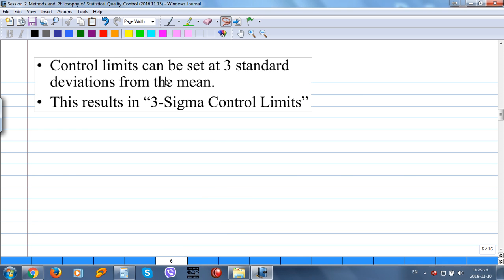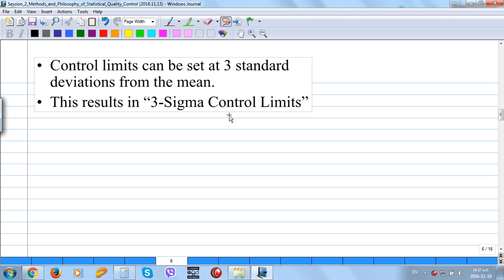Then control limits can be set at a multiple of the standard deviation from the mean. This results in 3 sigma control limits. It does not always have to be 3 sigma control limits, but normally we take 3 sigma units. Choosing the control limits is equivalent to setting up the critical region for hypothesis testing.